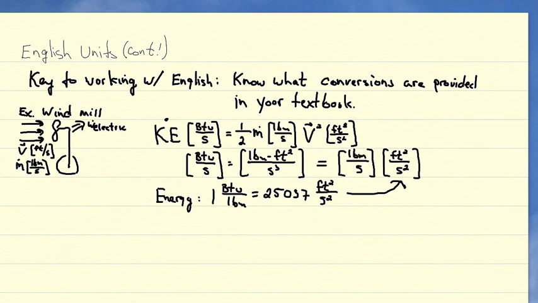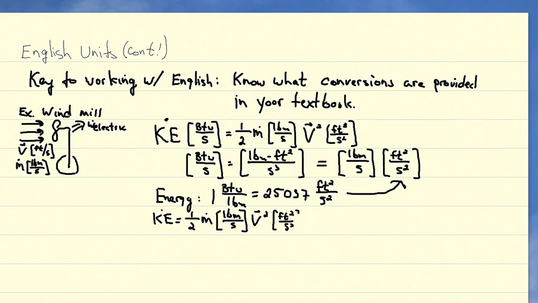My kinetic energy rate, remember I'm doing this on a rate basis, is equal to 1/2 m dot, which is units of pound mass per second, times velocity squared in feet squared per second squared.